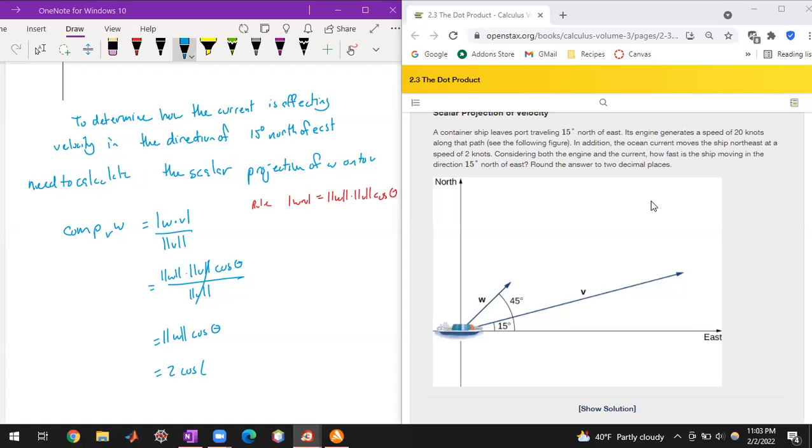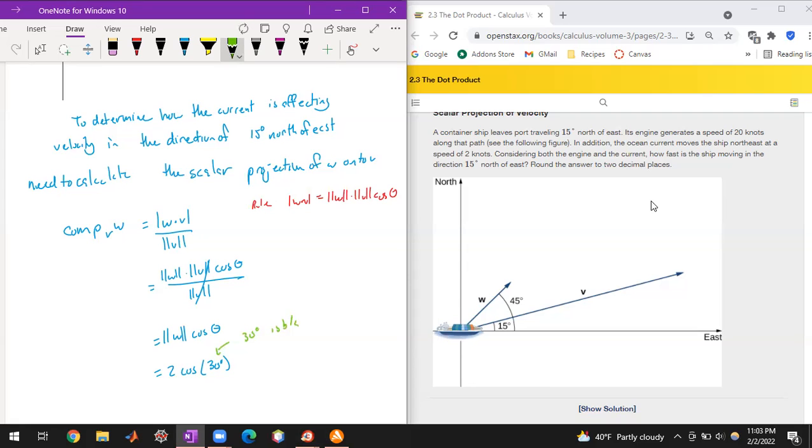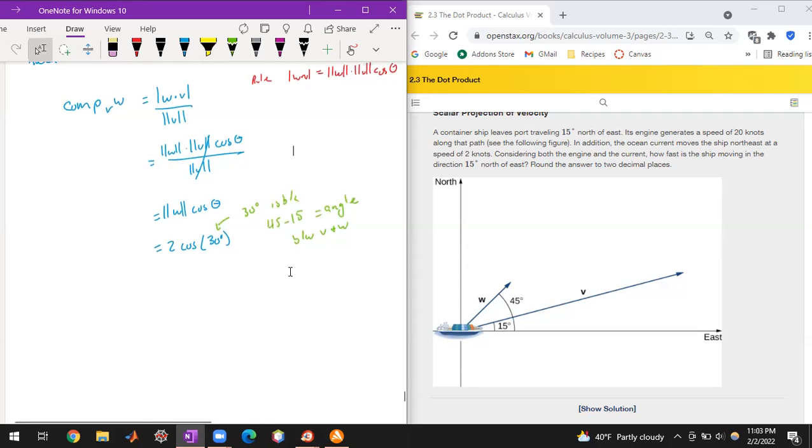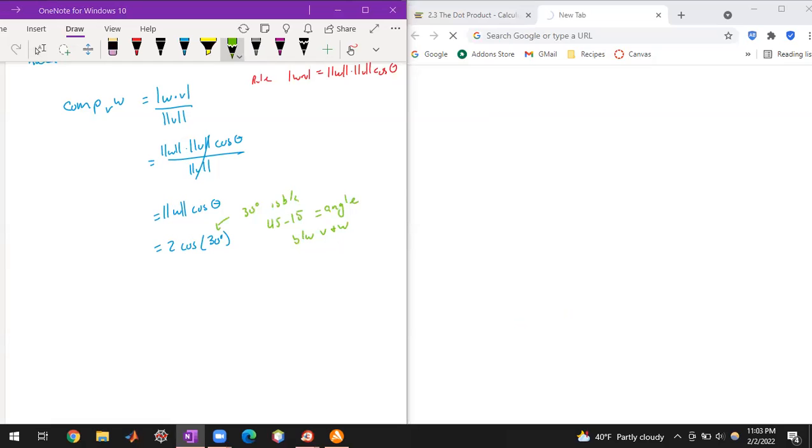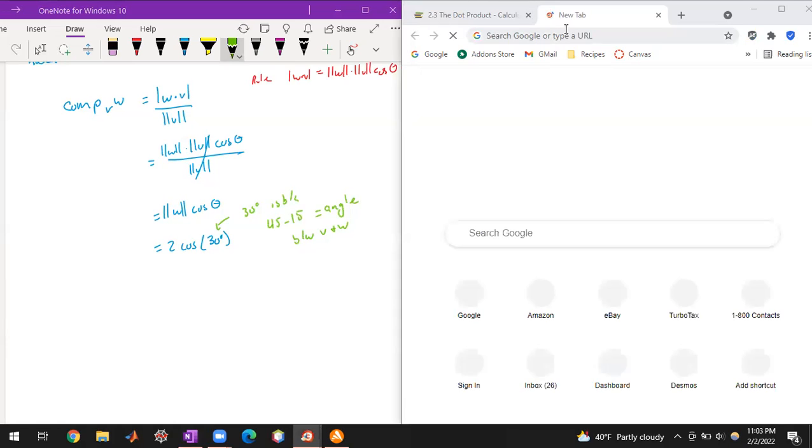Since we're going from the 15 degrees to the 45 degrees, our angle between the two vectors is 30 degrees. Let's make that note here: 30 degrees is because we have 45 minus 15, which is the angle between V and W. This becomes then, rounded to 2 decimal places, let me pull up my calculator once more.